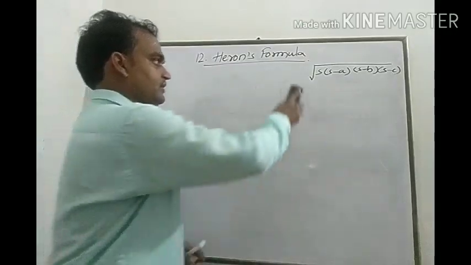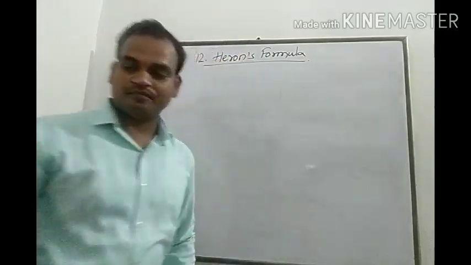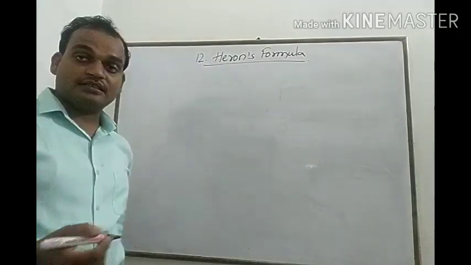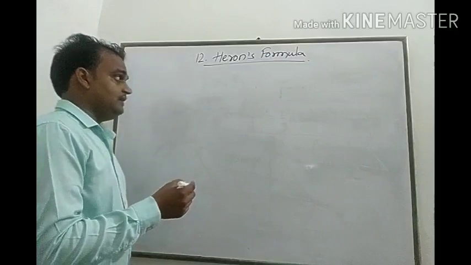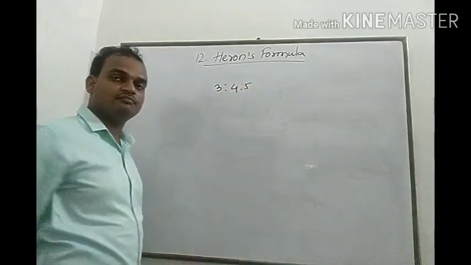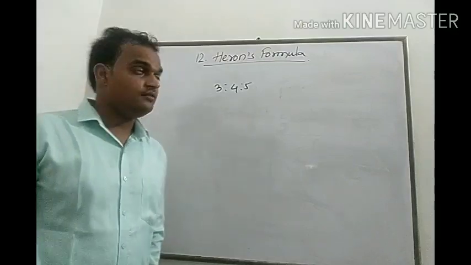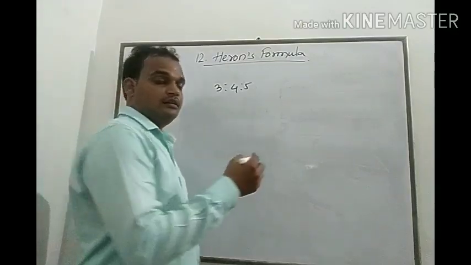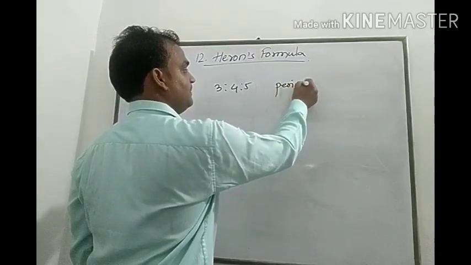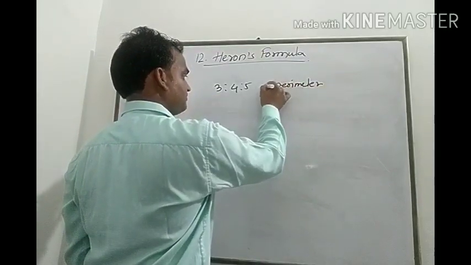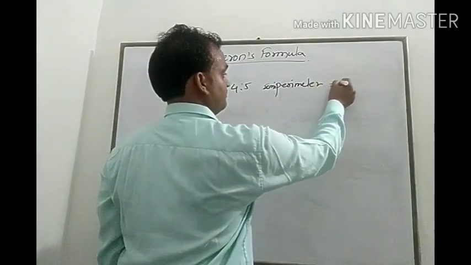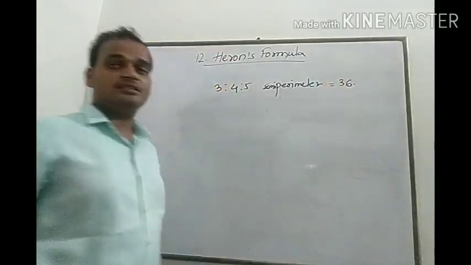Now let us suppose a question of a different type. Given that the sides of a triangle are in the ratio 3:4:5, and the perimeter or semi-perimeter, that is S, is given as 36.